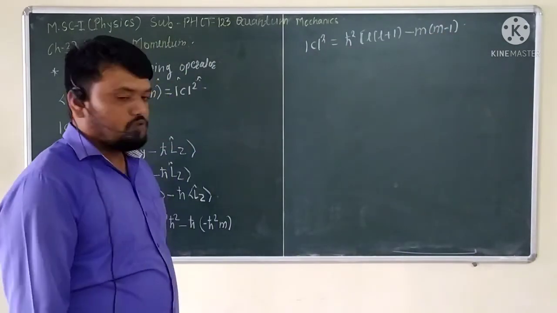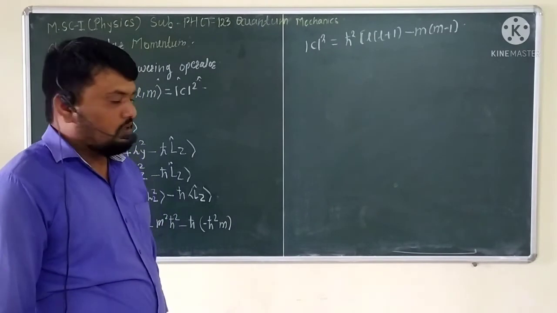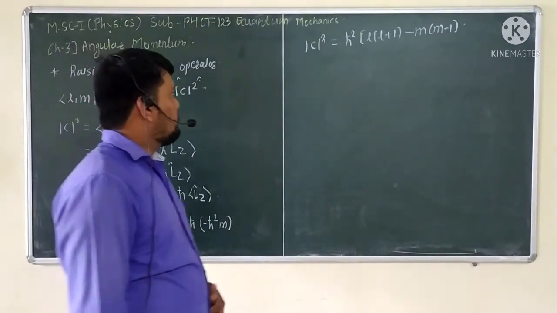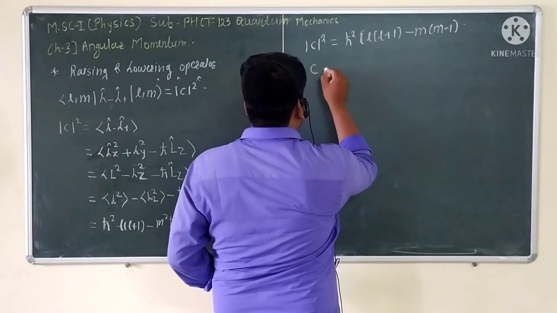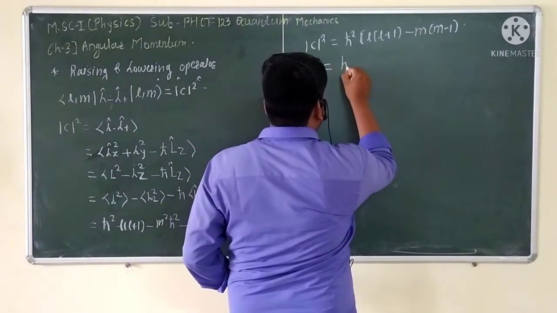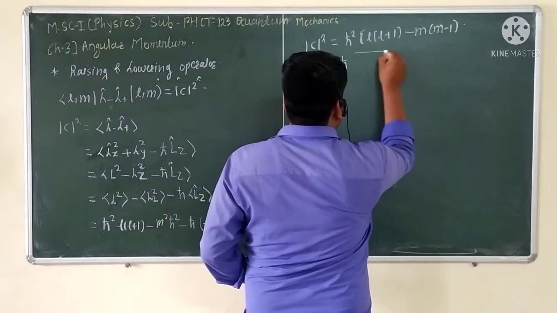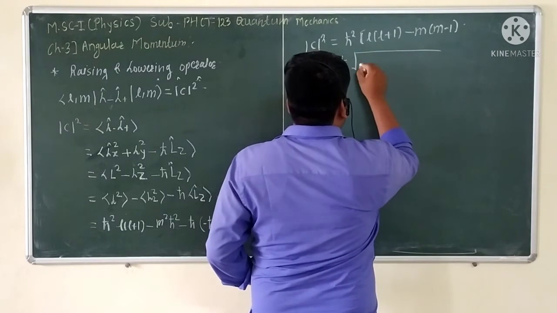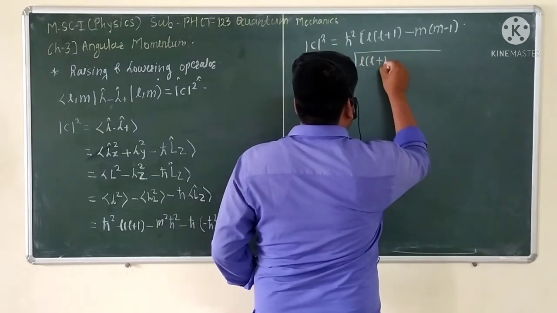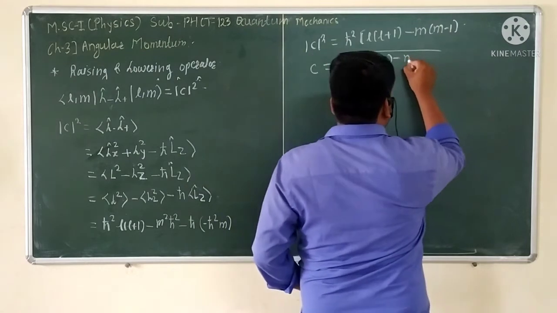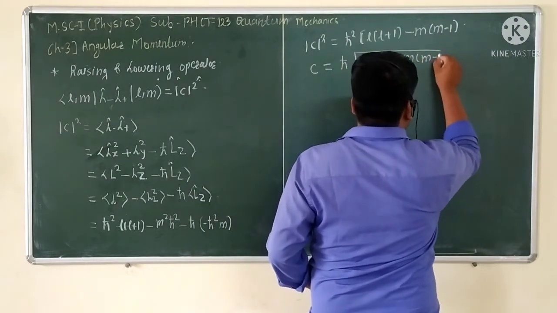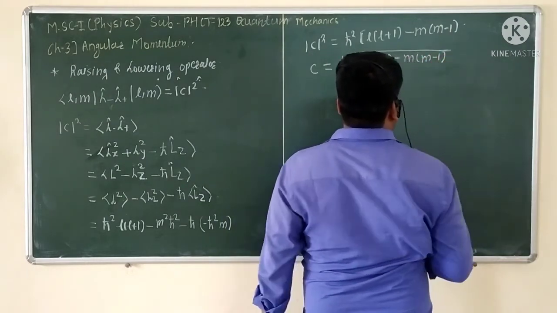So this is the mod of C square value. If we take the square root, C is equal to h cross into the square root of L into L plus 1 minus m into m minus 1.